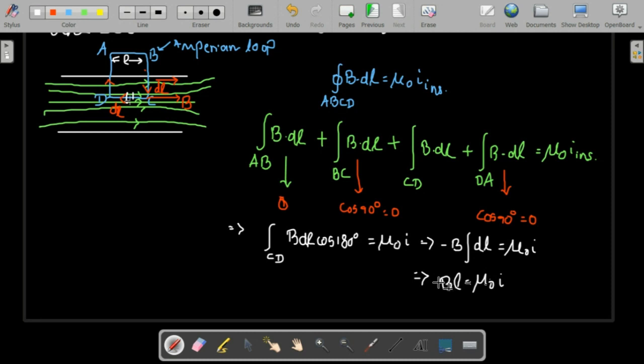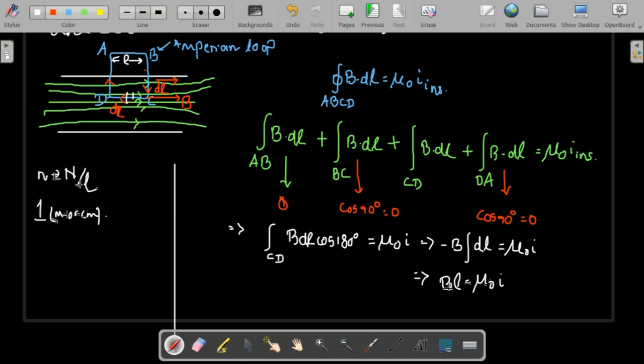Now, what is our n? We just discussed that in the previous slide. n is nothing but the number of turns per unit length. So maybe we have a length of 1 meter or centimeter or foot or whatever.